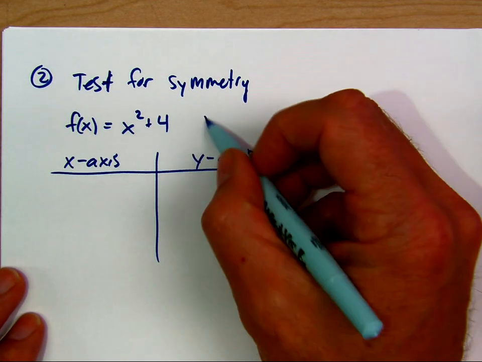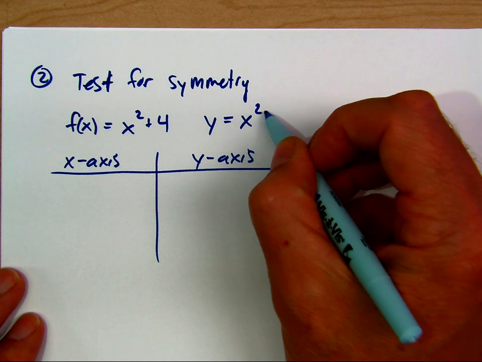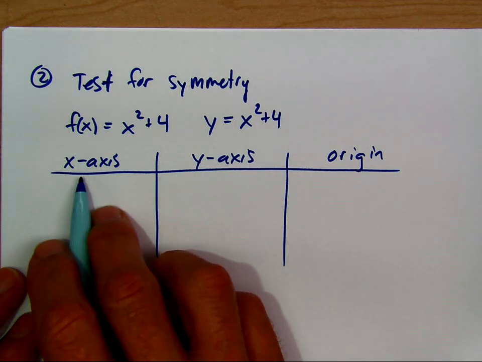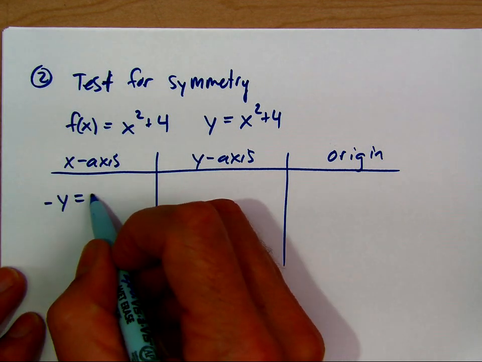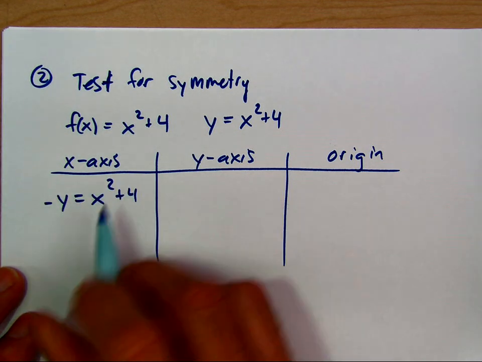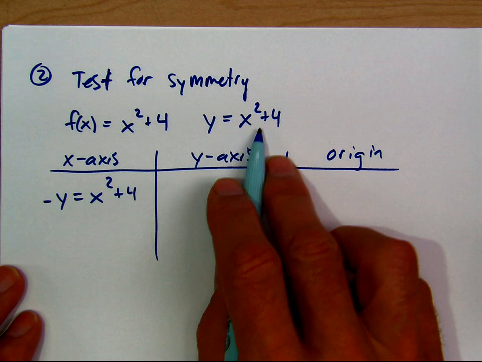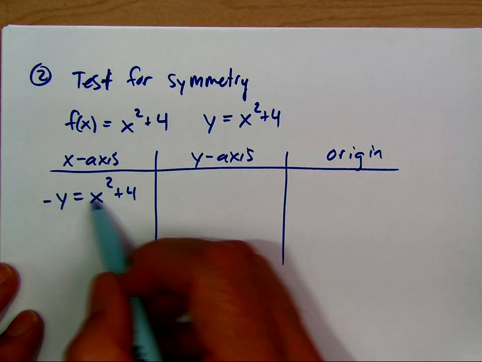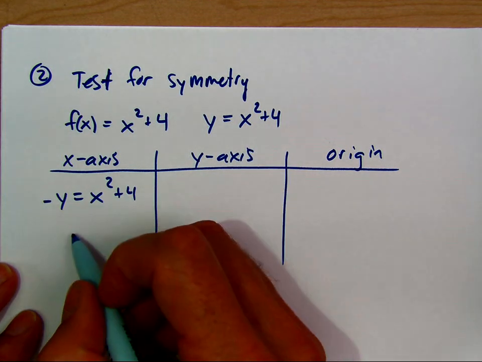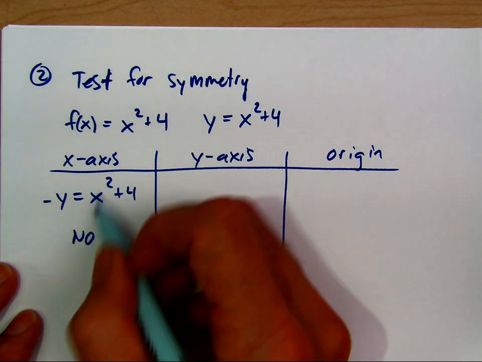So let's say that it's y equals x squared plus 4. The x-axis symmetry occurs when you can change the sign of the y. So let's change the sign of the y and see if this can be made to look like that. And it can't, because if I divide by -1, these will become negative, so it's not the same as that. So it doesn't have x-axis symmetry.